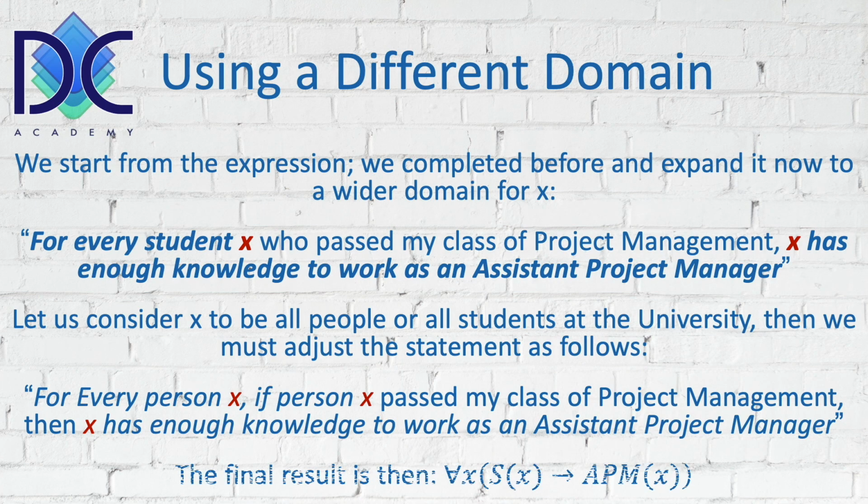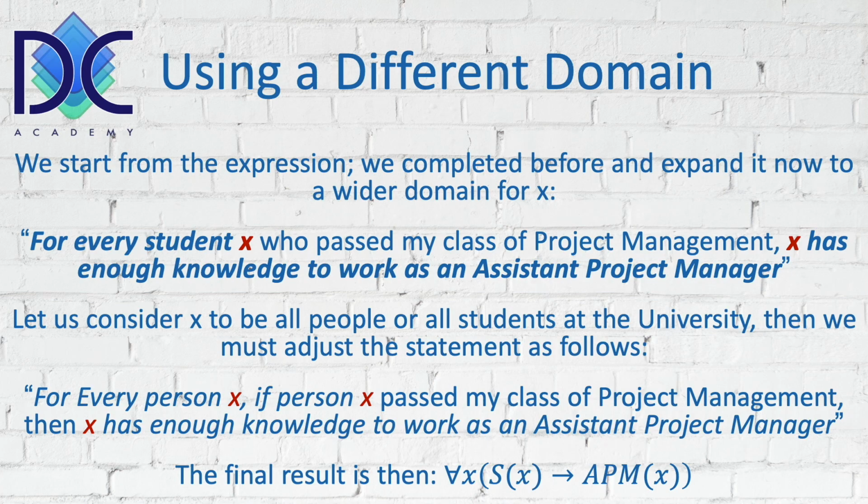So the final result here is that for all X, for every person, S of X means passed my class of project management. So if S of X, then APM of X. It means when the person passed my class, which is the predicate S of X, then the predicate APM of X is true.